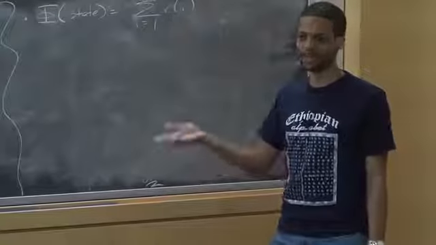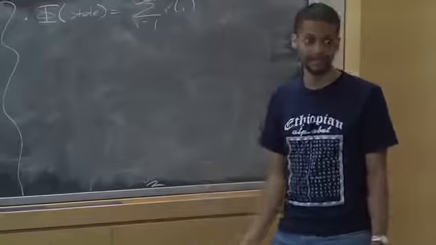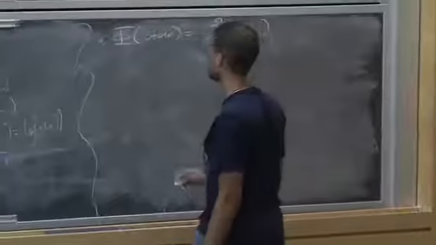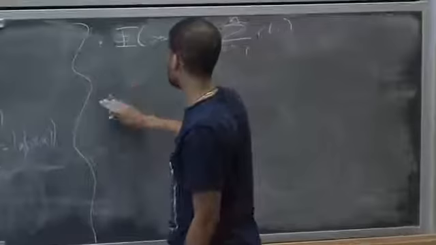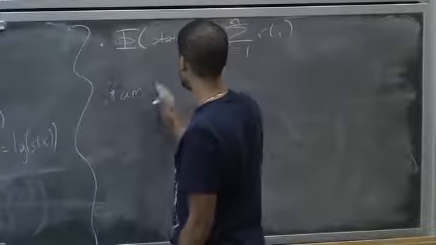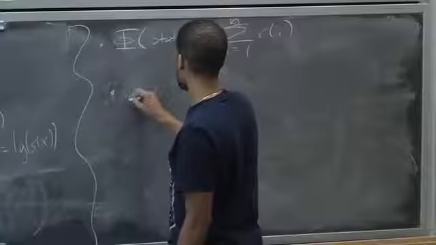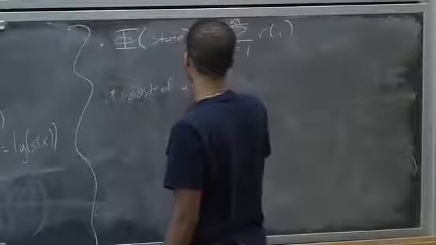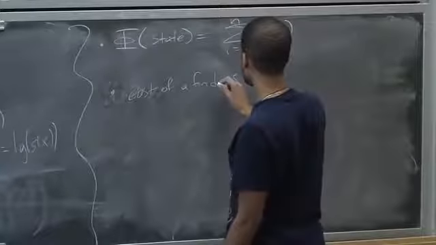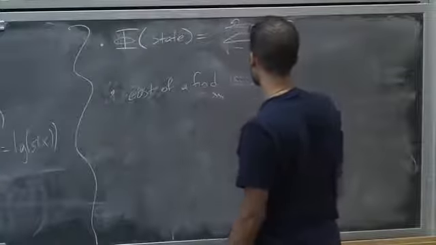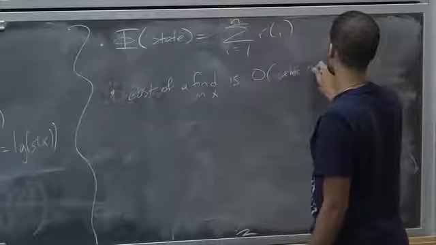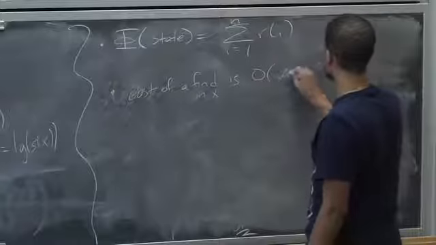So let's figure out what is the amortized cost of a splay operation. So the cost of a find on x is big O of the amortized cost, the cost to splay x.